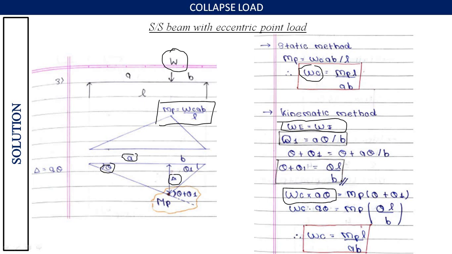As the load is at an eccentric distance, not symmetrical, it is an unsymmetrical load. So the angle of deflection at the left side and the angle of deflection at the right side will be different: here it will be theta and here it will be theta 1.